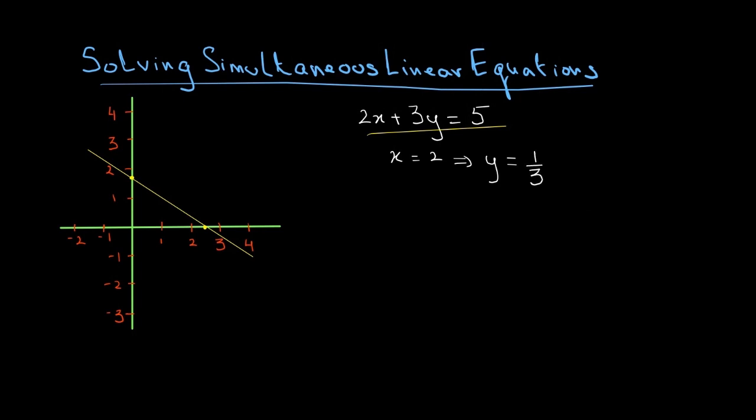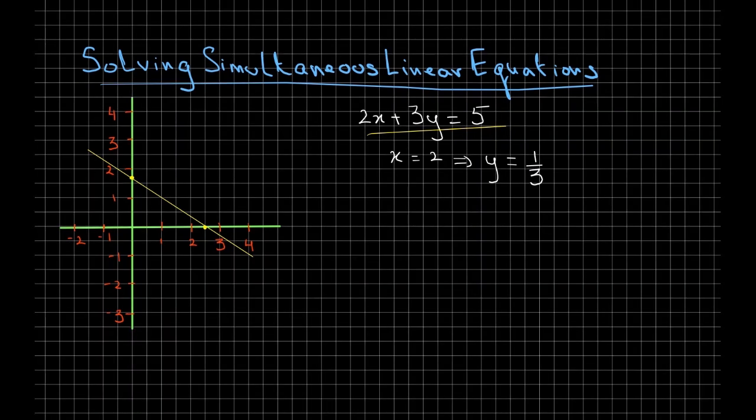If I turn on the grid, you can see that when x is equal to 2, y is approximately 1 over 3 from the line. I'm talking about this point over here, the blue point, when x is equal to 2, y is equal to 1 over 3.